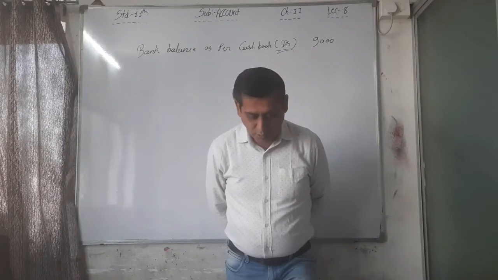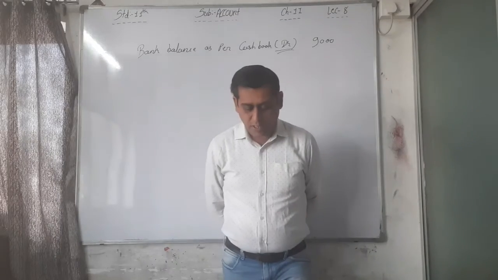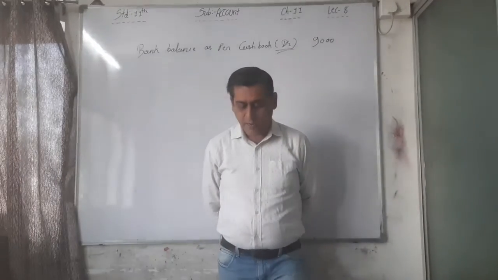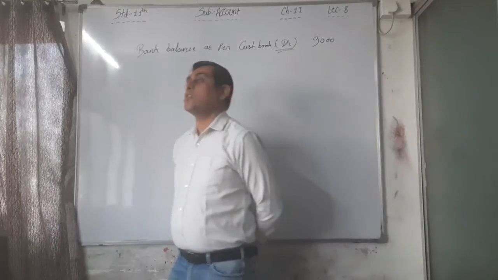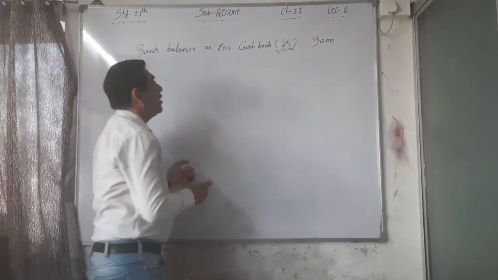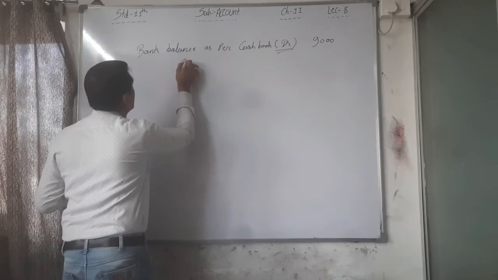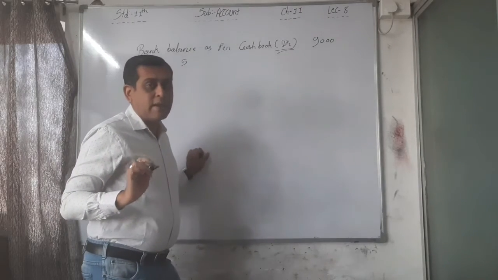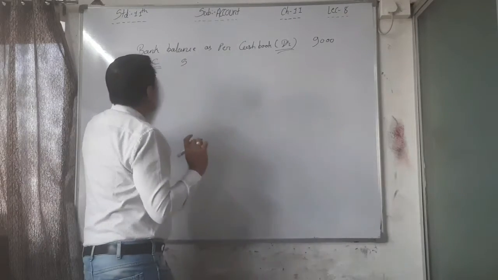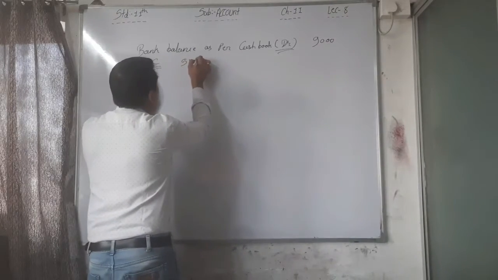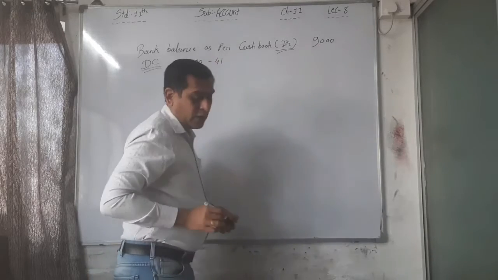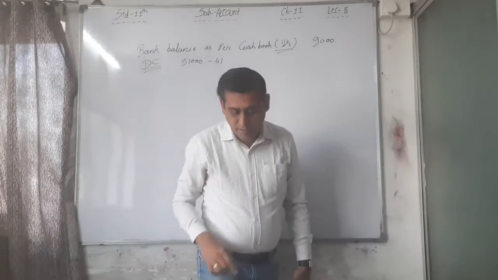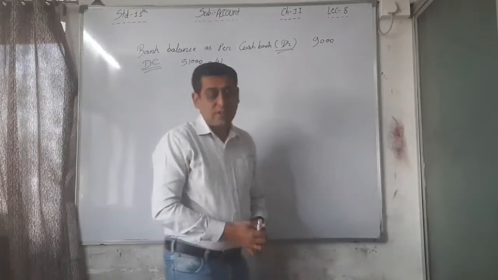The first one: checks of rupees 51,000 were deposited, out of which checks of rupees 41,000 were credited in the bank till 31st October 2017. So 51,000 is DC, checks deposited but not credited by the bank. That's why we have to credit it, and the rule DC is applied. 51,000 check is deposited, but till 31st October only 41,000 is credited.